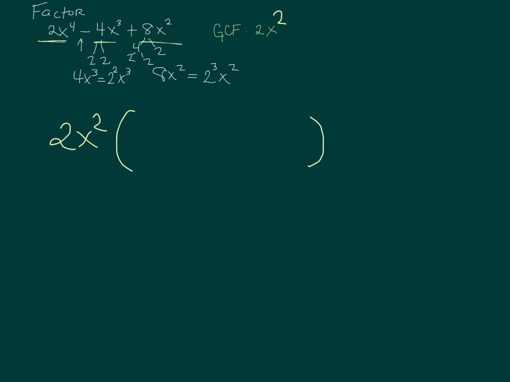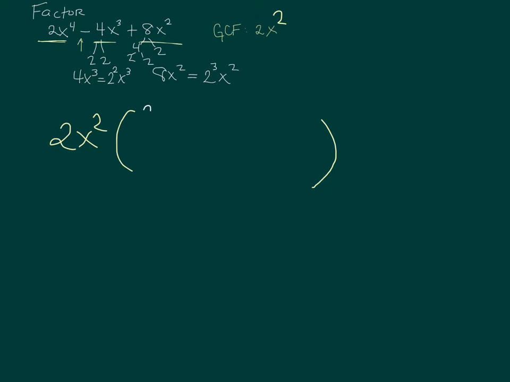Now here is where some people are getting a little confused, and I think not all teachers will show this step, but this is definitely what we're doing in our head. I think it might be a little bit helpful to see what's going on. So what I'm going to do is, in the same color, in these parentheses, I'm going to put the original polynomial, or original trinomial.